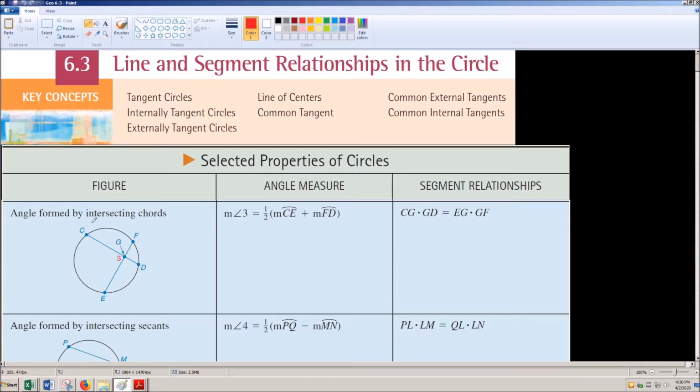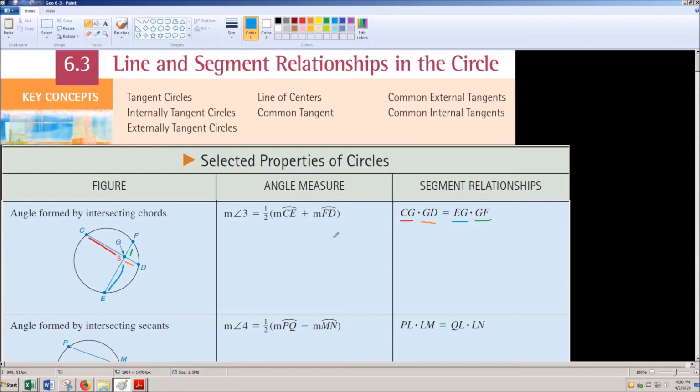As I look at this, I'm going to call this red, and this is red. Then I want to look at GD, and that is orange. Then we have GF in green and GE in blue.